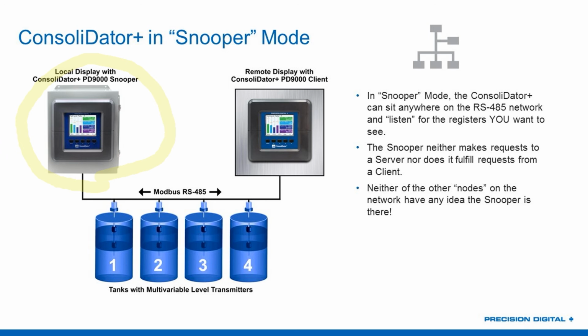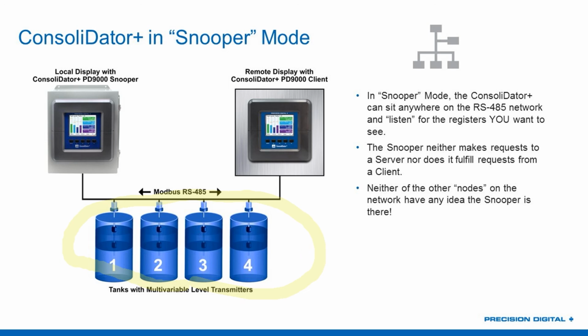To get all the information, it's asking for the level, the interface level, the pressure, and the temperature. So the client wants all that information from the servers, and that's what they need in the control room. But let's say you have a plant operator, and they don't necessarily need to know the pressure or the temperature of the tank. All they're concerned about is the level.